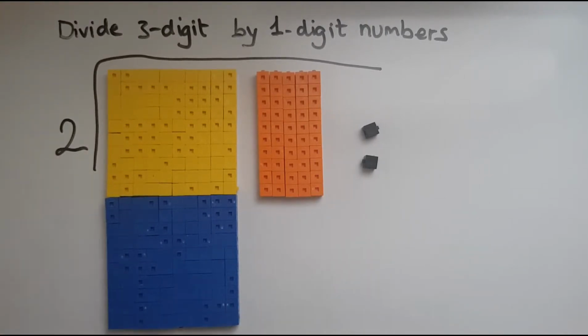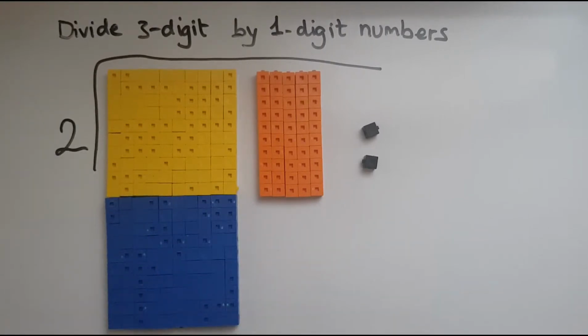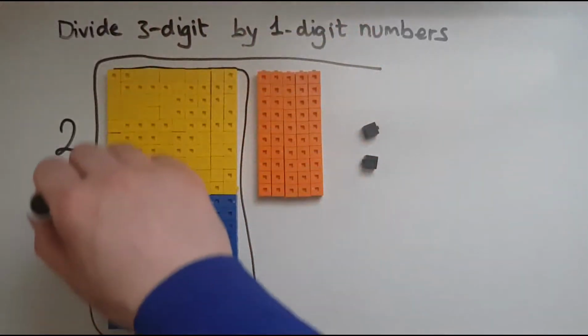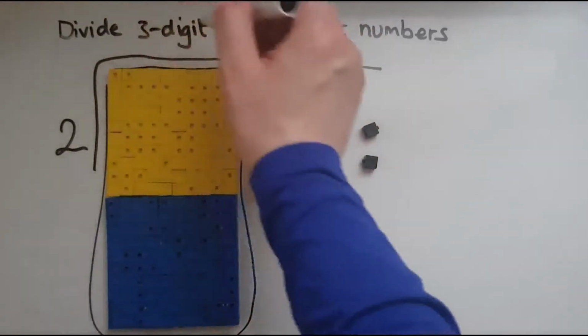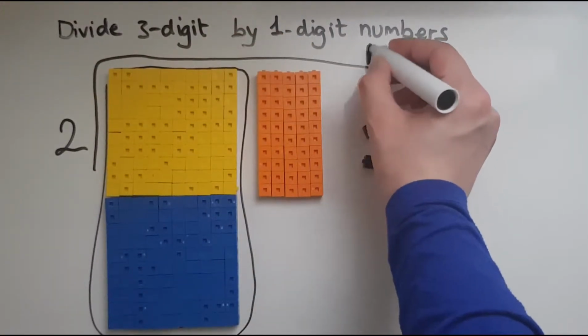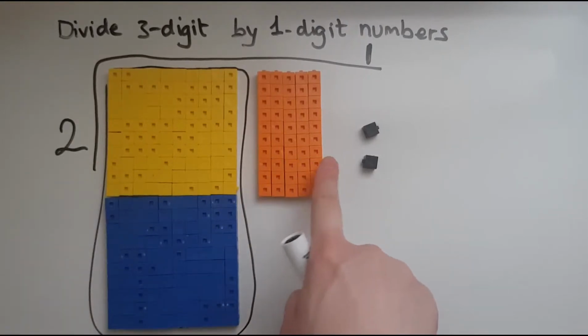So I'll try and make lots of 2 with the hundreds first. Can I make a lot of 2 with 2? Yes, I can. So there is one lot of 2 here and there is nothing remaining. So I've made one lot. Now I'll try and fit 2's into the 5.